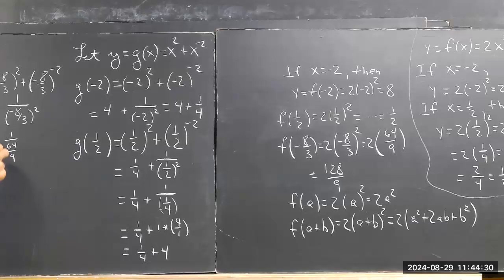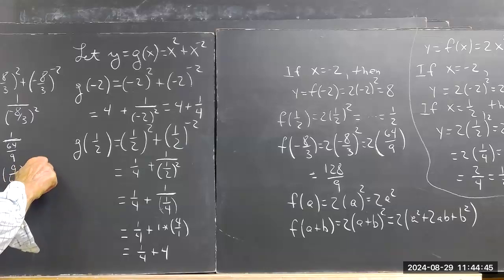I didn't use parentheses here. Sometimes you make this little line bigger to note that it's in the denominator. That equals 64/9 plus 1 times 9/64, which equals 64/9 plus 9/64.